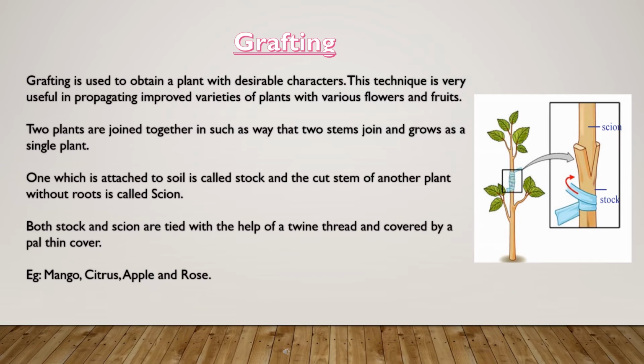The one which is attached to the soil is called the stock and the cut stem of another plant without root is called the scion. Both stock and scion are tied with the help of twine thread and covered by a polythene cover. We can implement this process in mango, citrus, apple and rose plants.